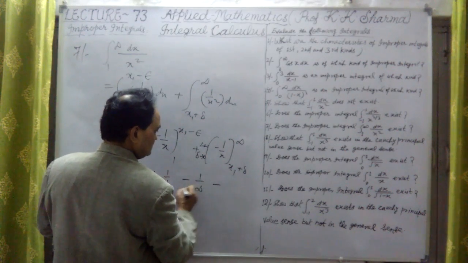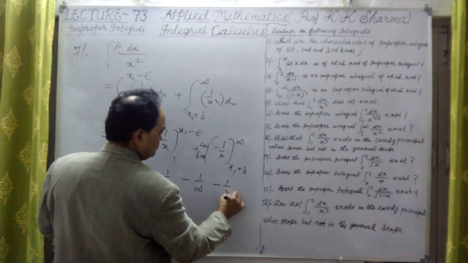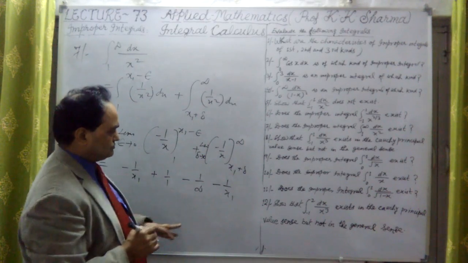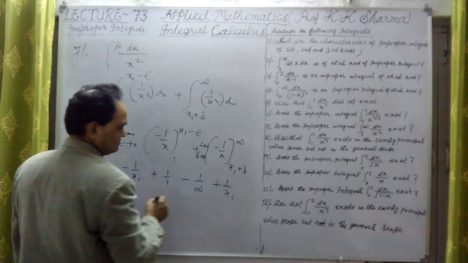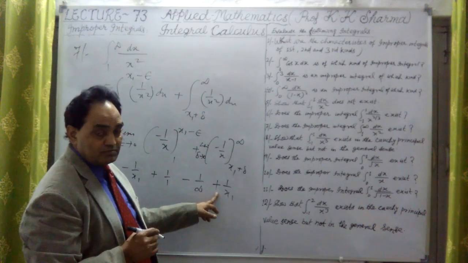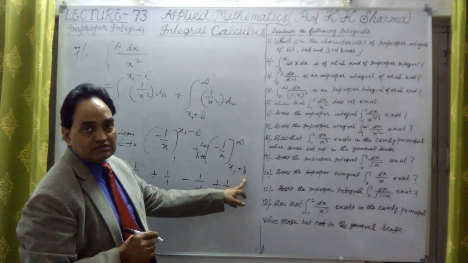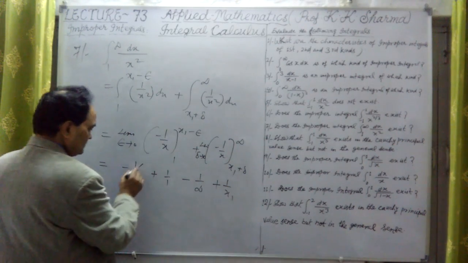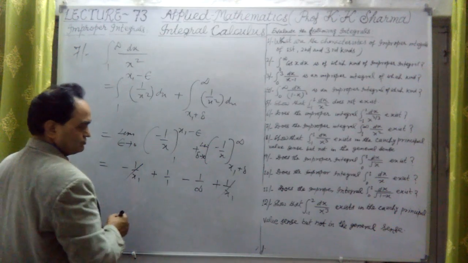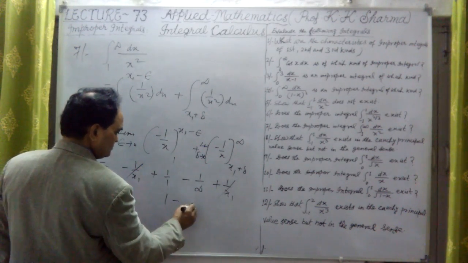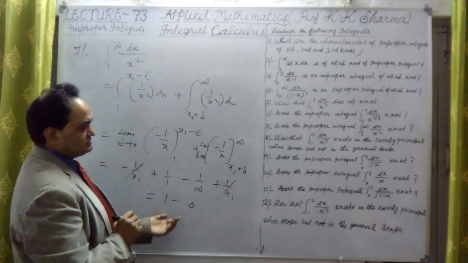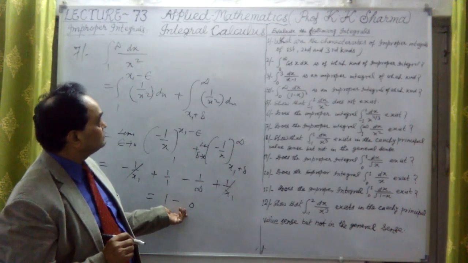And again this is minus 1 upon x1 because delta tends to 0. This is minus 1 plus the lower limit. Lower limit is x1, delta tends to 0. In that situation, minus 1 upon x1 plus 1 upon x1 cancelled out. This is 1 minus 0. So it exists. The value is 1.